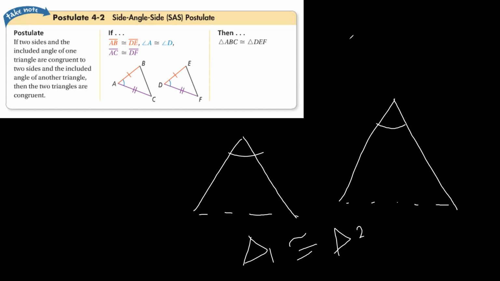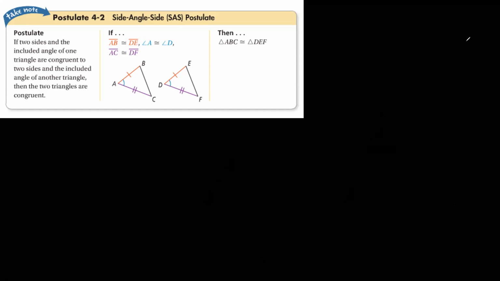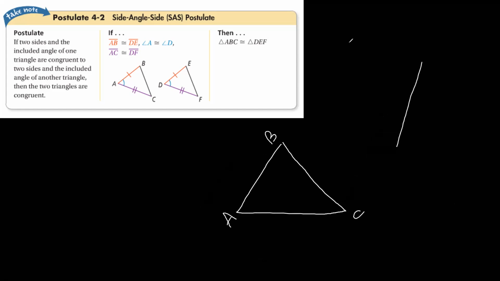Like this example here. Let's draw it now. Here you have A, B, and C, and D, E, and F. Now, if AB is congruent to DE and AC is congruent to DF, what do I need now?